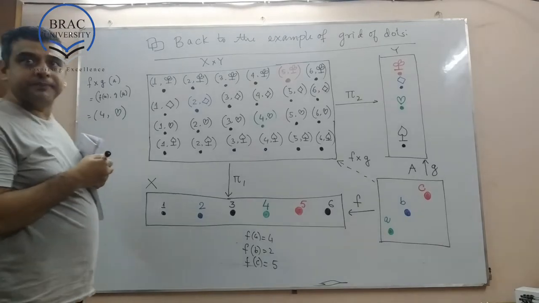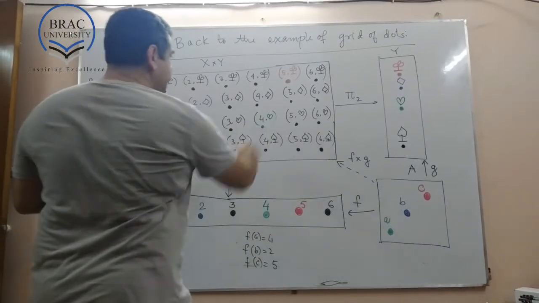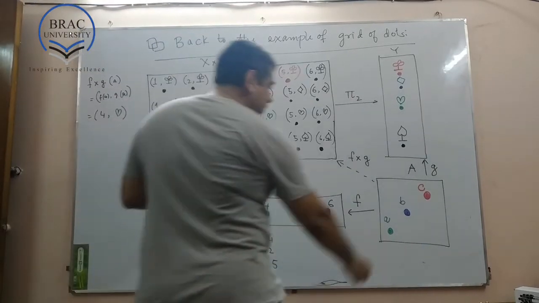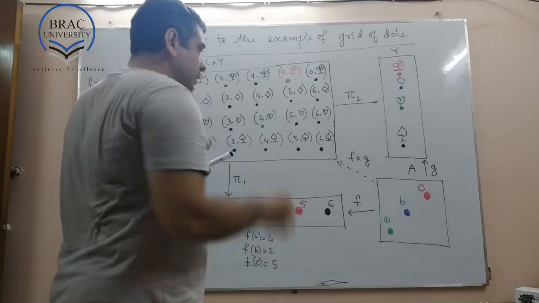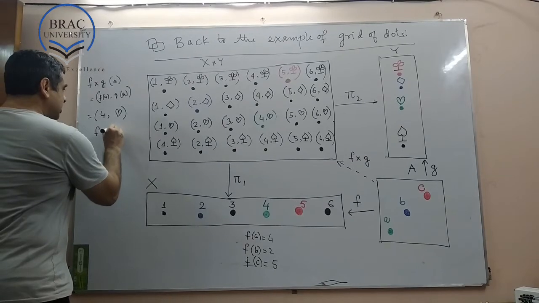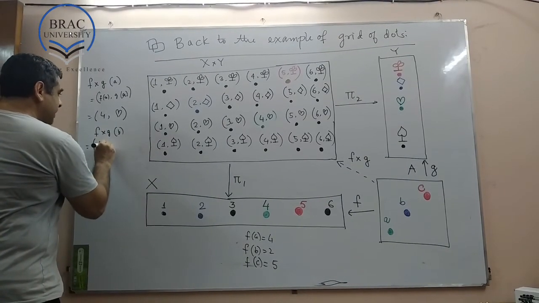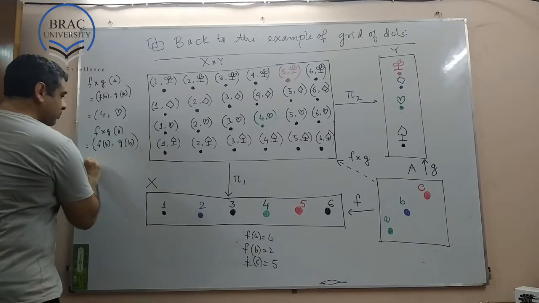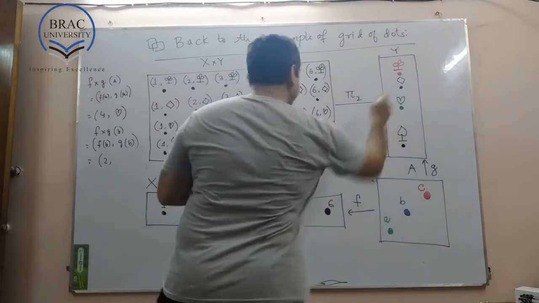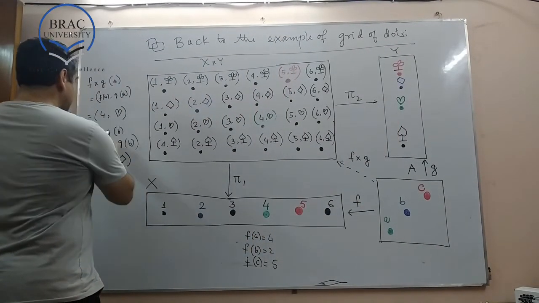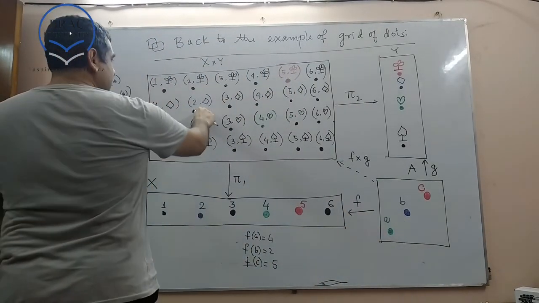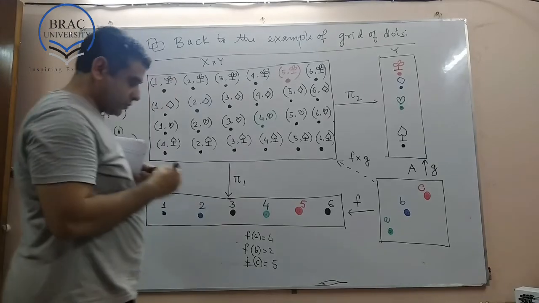Where is 4 comma hearts? It is here, given in green color because A is of green color. For f cross g of B, it should be f of B comma g of B. f of B is 2 and g of B is diamonds. Since B is in blue, 2 comma diamond should be in blue too, which we have done here, and so forth.